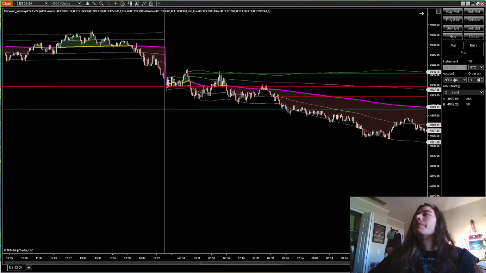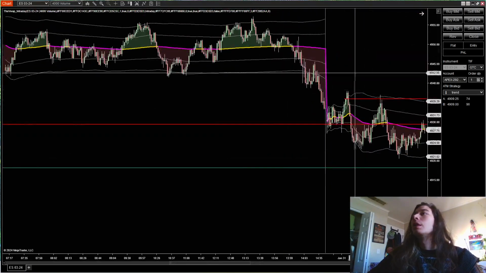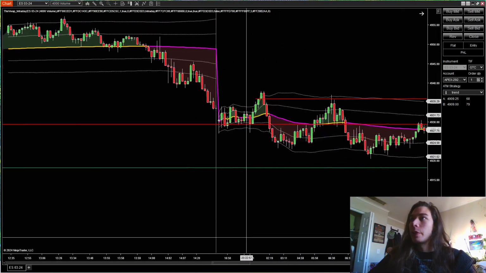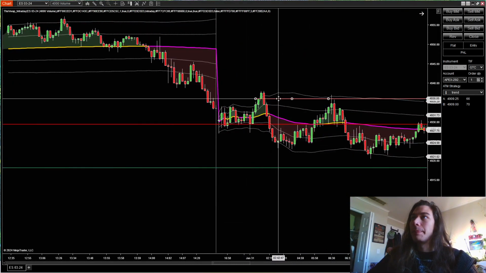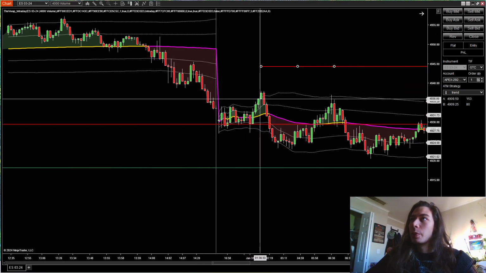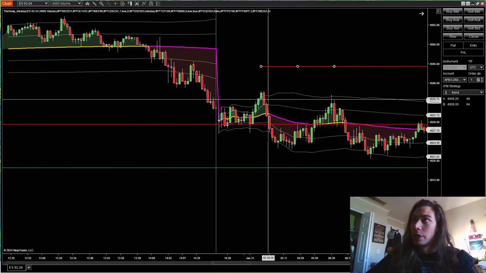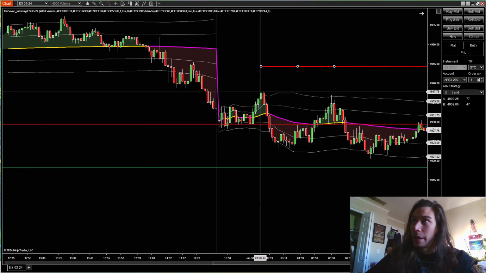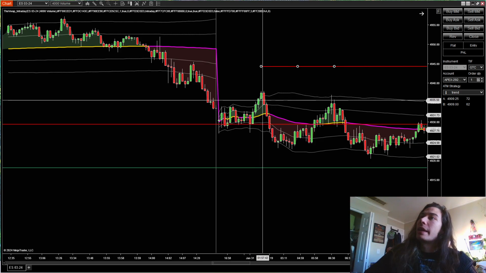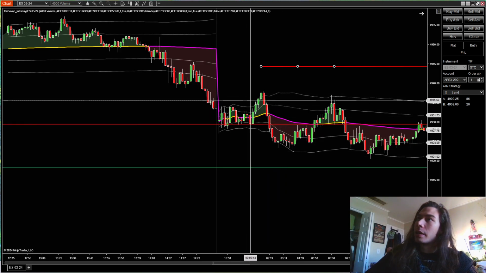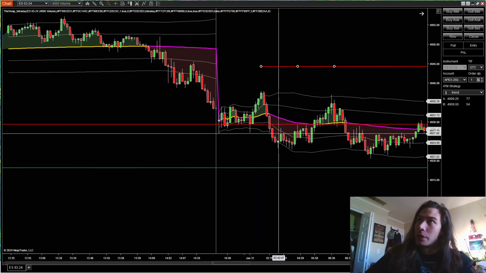Zoom in. So what I'm looking for are these areas where buyers and sellers have a change of hands. We look for a base, and then a quick and sudden movement in the opposite direction.